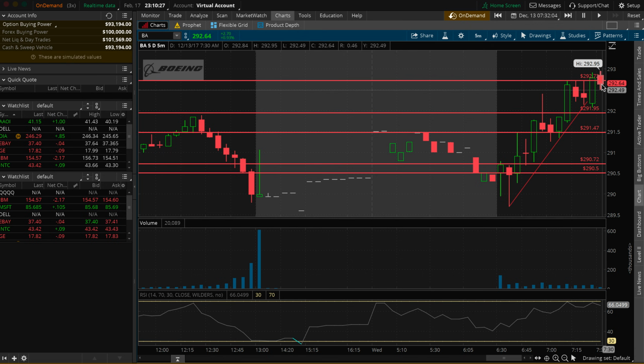So if this holds and it closes above, then we'll take our old position off the table and we'll leave our other position on.